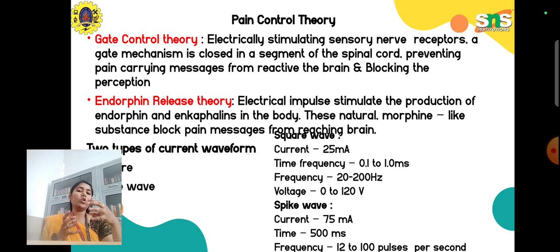These molecules block the pain messages from reaching the brain, so the brain does not receive the pain signals and people do not feel the pain. This is the other pain control theory. These are two possible ways, and we can use either of them to control pain. That is the principle used to relieve pain by means of the nerve stimulator. Thank you.